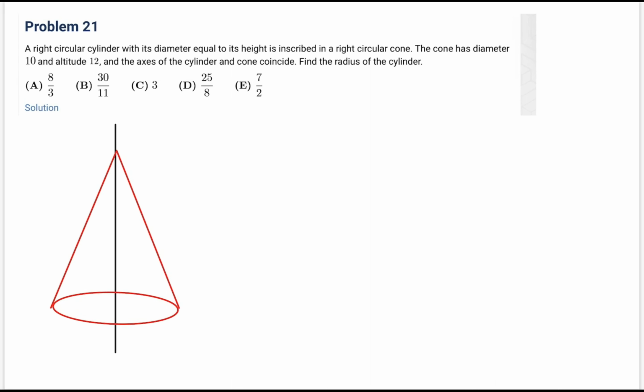Then we can have the circular cylinder like this, and the bottom here, about this wide and flat. So it's here.